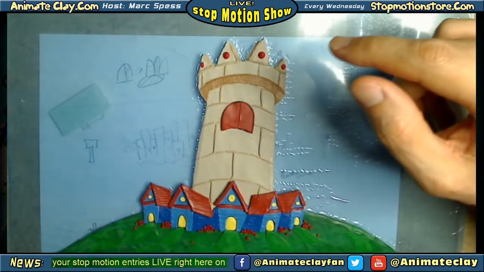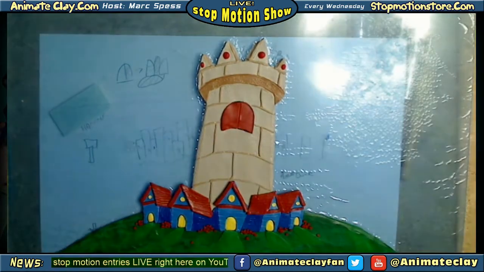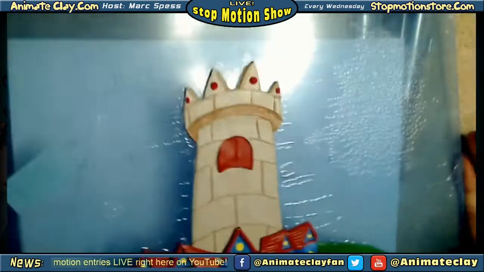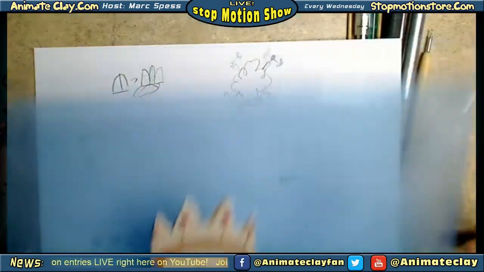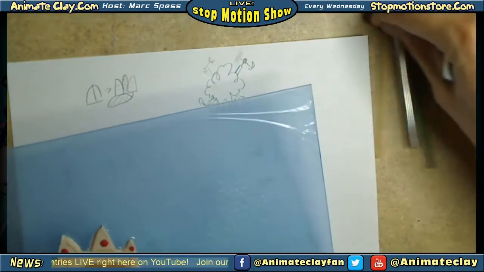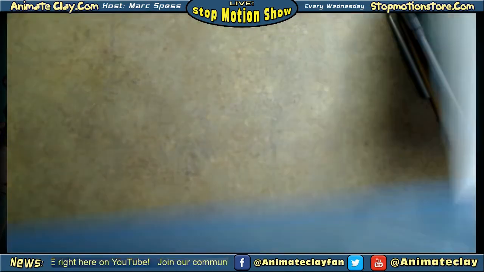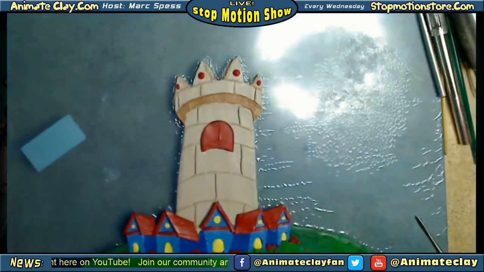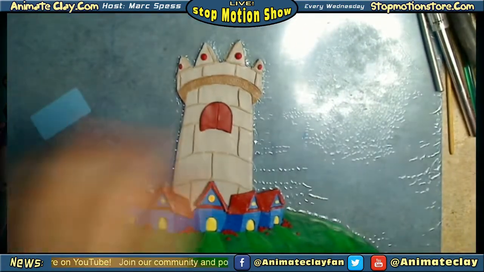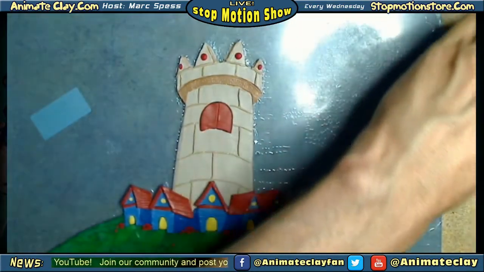And so this door I want to animate, but I want to alter it. Let me get the tools out of the way. I've got too many sculpting tools.